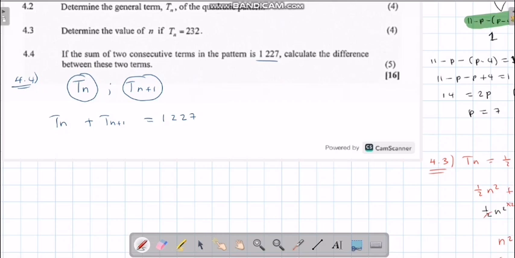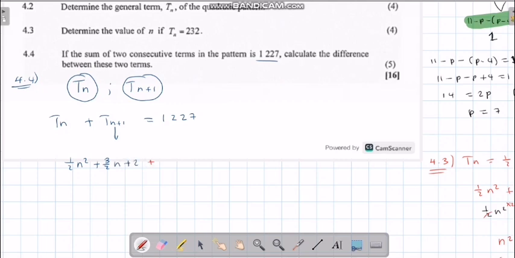Okay, that's fine. So now let's find this. We already know our tn is 1 over 2 n squared plus 3 over 2 n plus 2.